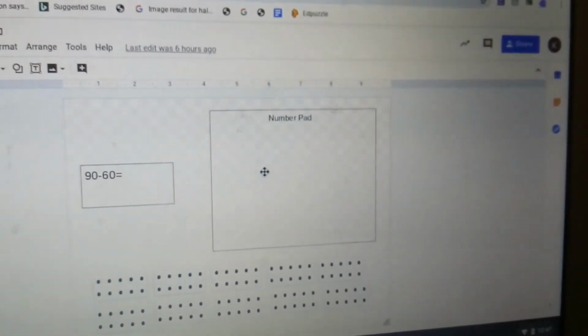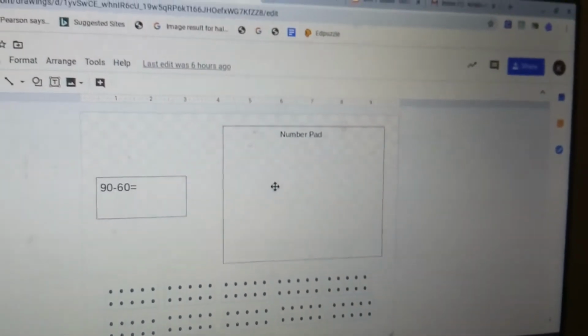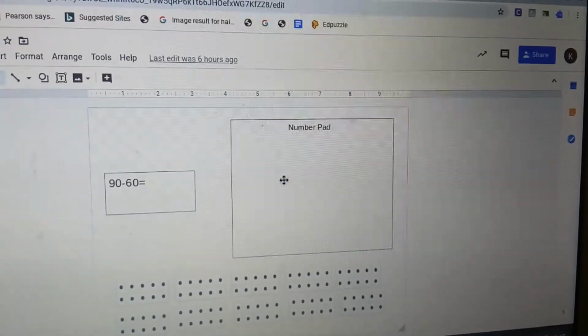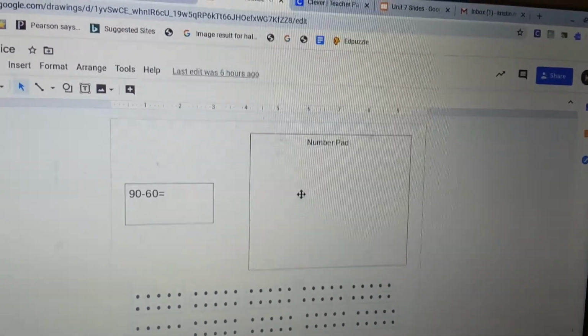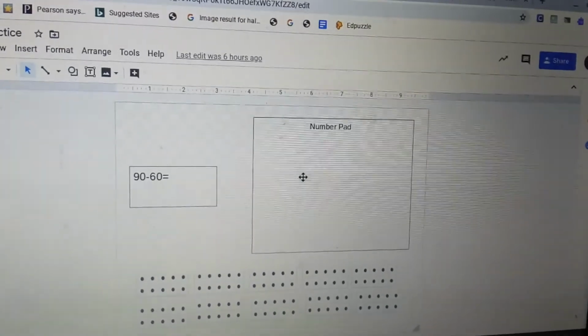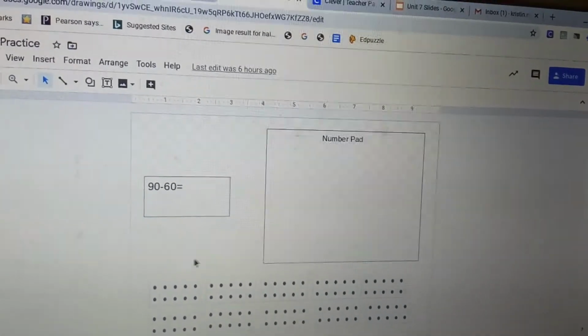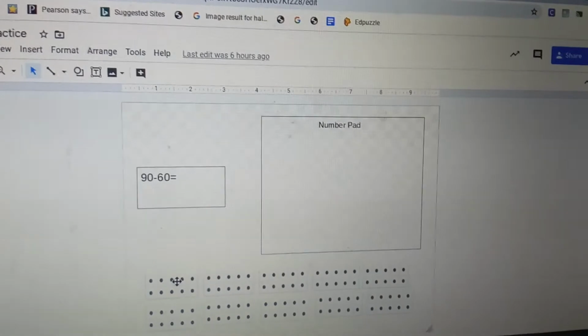So I'm ready for step 1, where I need to build the what number? The first. What is my first number? 90. So we can count 9 tens.